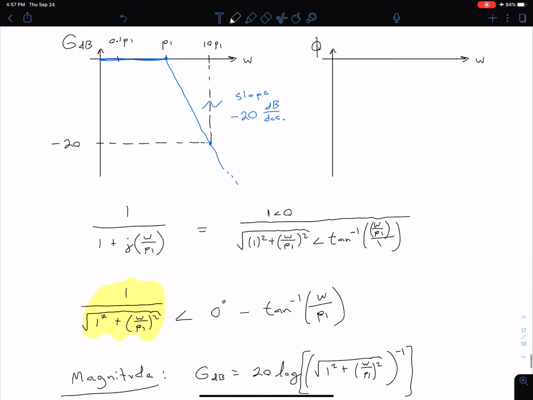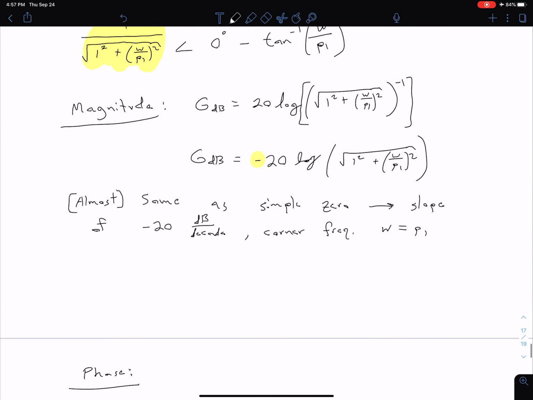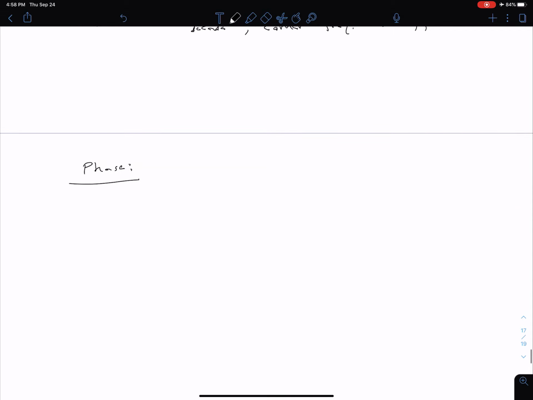So now let's consider our phase. For our phase information, now we're looking at this component here. So we have 0 minus the inverse tangent, so really that just becomes negative inverse tangent. So our phase is equal to negative inverse tangent of omega over P1. And so again, this becomes very similar to our simple zero.